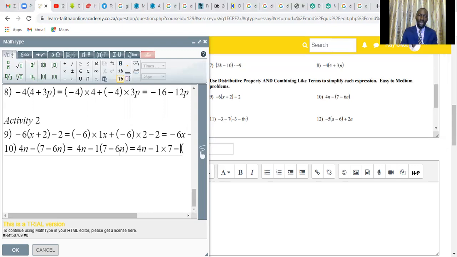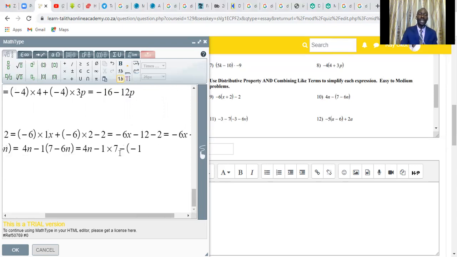So I'm going to put it inside the bracket, negative 1. Now after putting it inside the bracket, we then have to multiply this with a 6. And so we distribute it then onto what? 6.